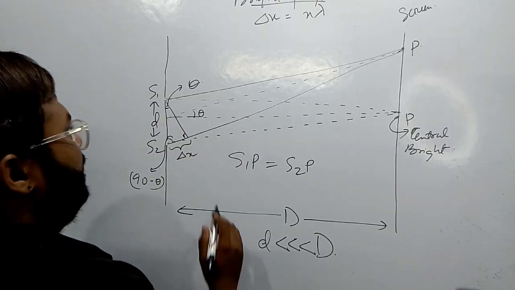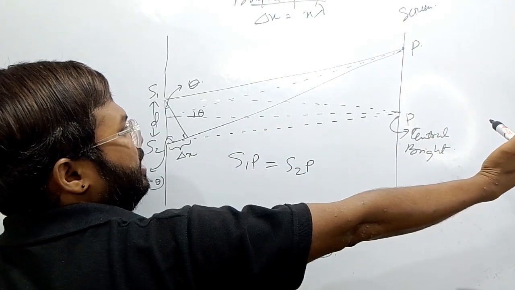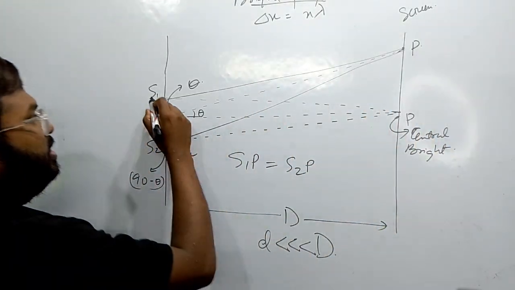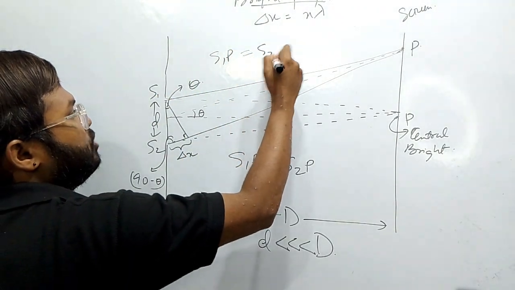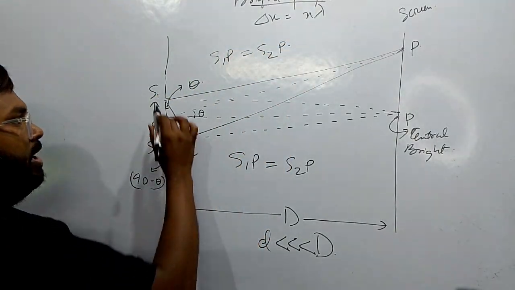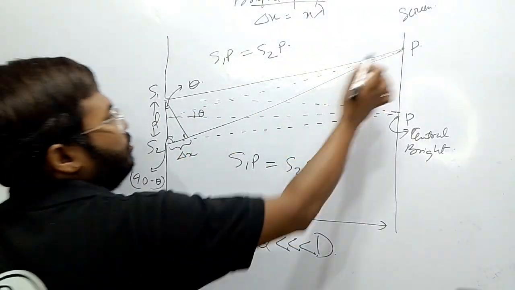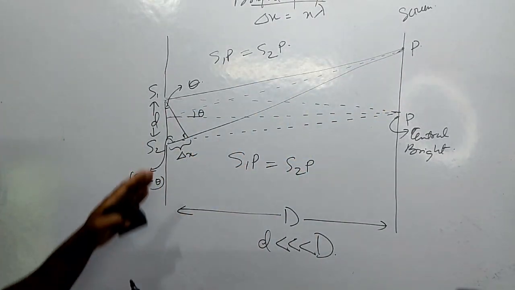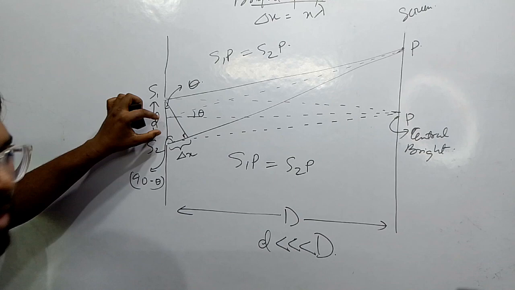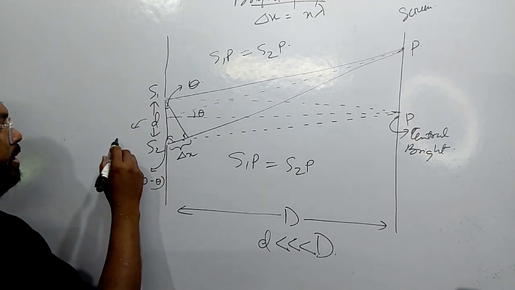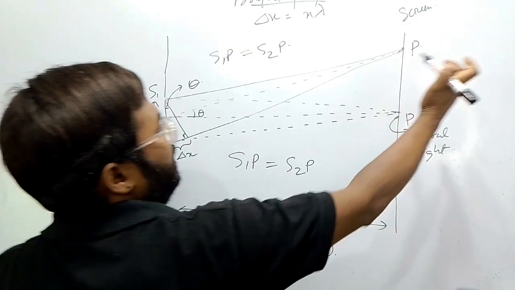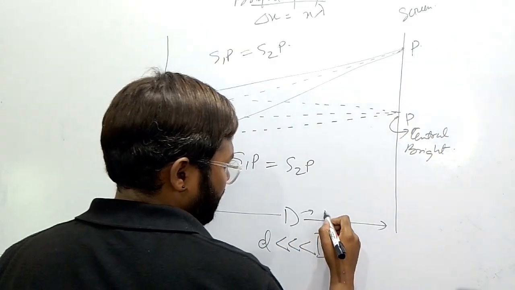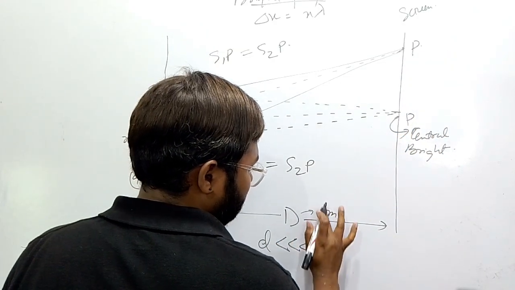Have you understood? Here you see this is very far, so you can consider that S1P is equal to S2P. They are almost parallel, because this is very, very small. This d should be in millimeters, and this D should be in meters.